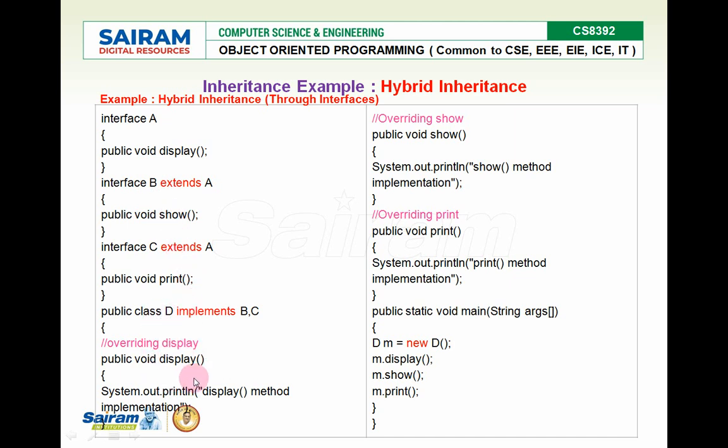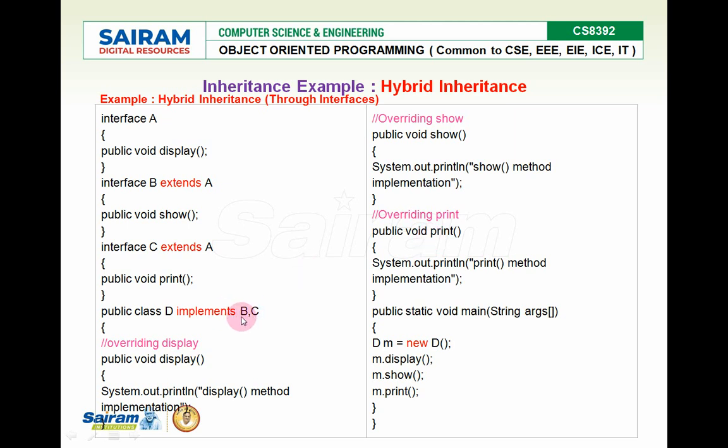So the display function of interface A, the show function of interface B, and the print function of interface C are implemented in class D. That is display, show, print, belonging to interfaces A, B, C respectively.